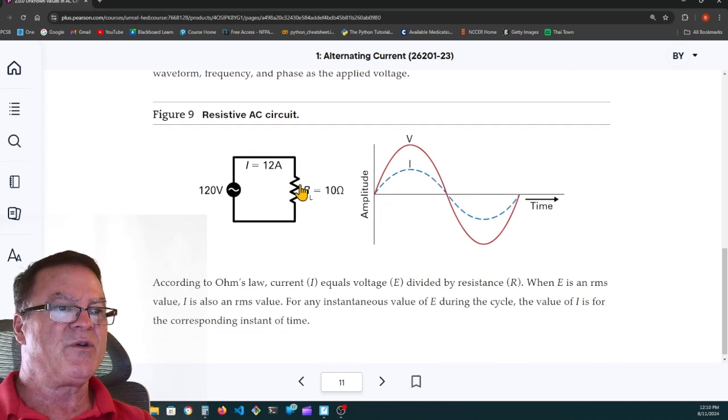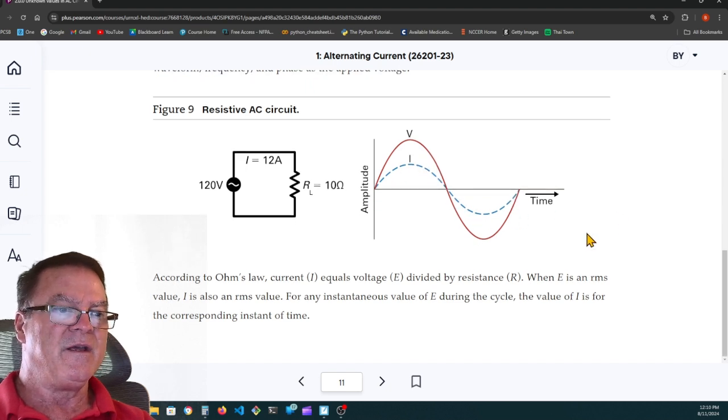So if you're going through a purely resistive load, this voltage is going to create a current that is in phase with that voltage. It's linear, they call it. So according to Ohm's law, current equals the voltage divided by the resistance. We have 120 volts divided by 10 ohms. We have 12 amps flowing through that circuit.